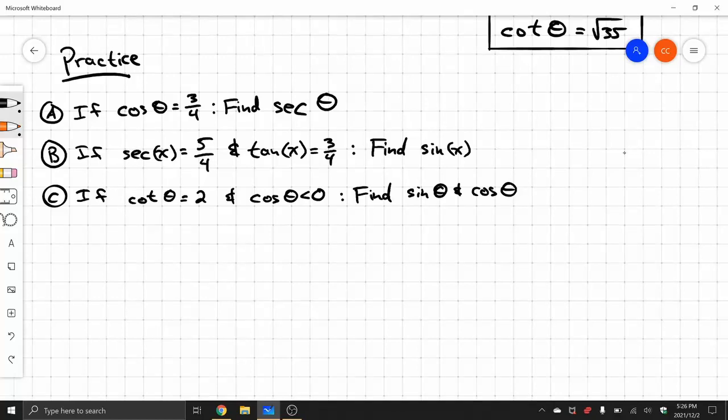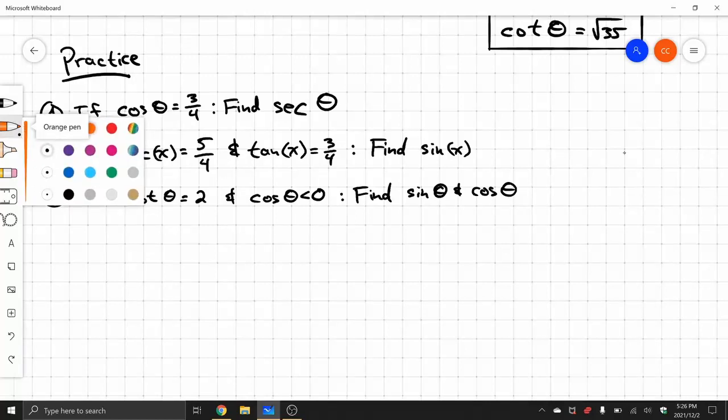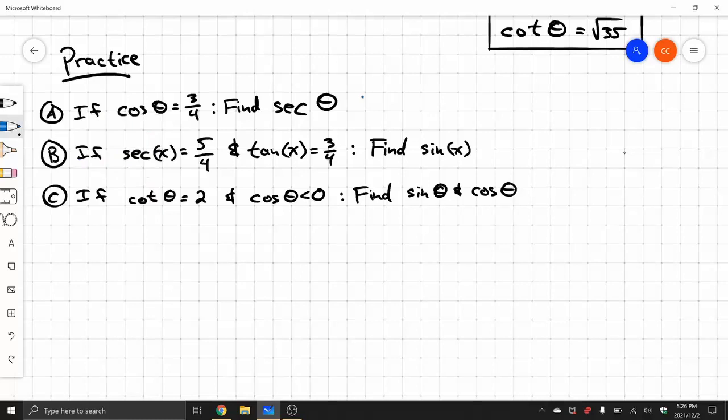Okay, if you found secant to be 4/3, and you found sine to be 3/5, and you found sine of theta to be negative √5/5, and you found cosine of theta to be equal to negative 2√5/5, then you can go ahead and skip forward on the video because you got all these correct.